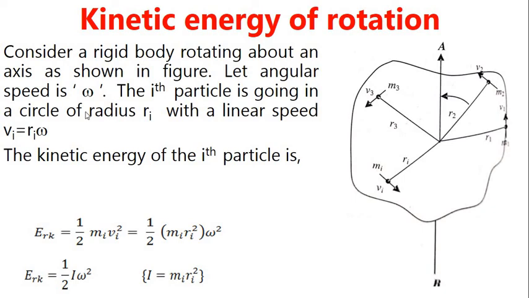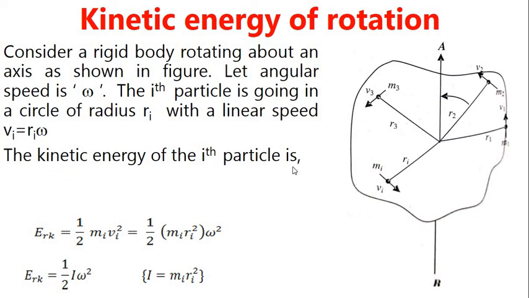The ith particle is going in a circle of radius Ri with a linear speed Vi is equal to Ri omega. This is the relation between linear velocity and angular velocity we have already derived. This is the linear velocity of the ith particle.